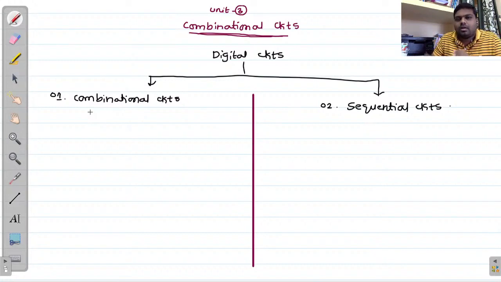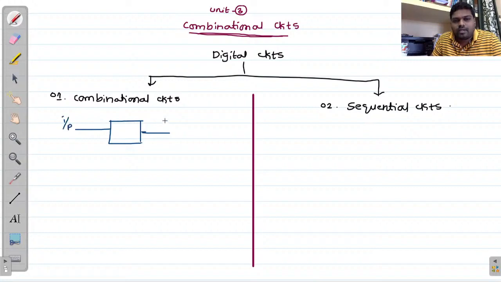That means two things, two variables. Otherwise, I will take one diagram. This is input, and this is output. In this black box, we are using one electronic circuit, a digital circuit.